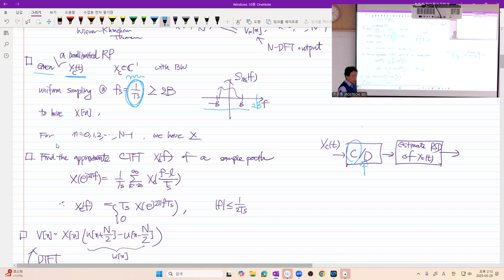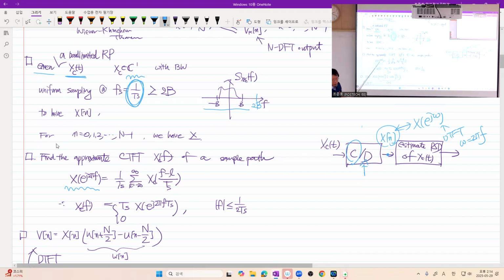Then what we learned in this course says that the discrete time Fourier transform of the sampled signal x of n has the DTFT. This is the DTFT. And if we evaluate at omega equals 2 pi f, then this DTFT equals what? Sampling rate times the folded spectrum, properly normalized.